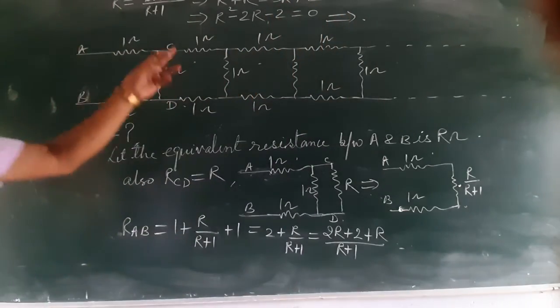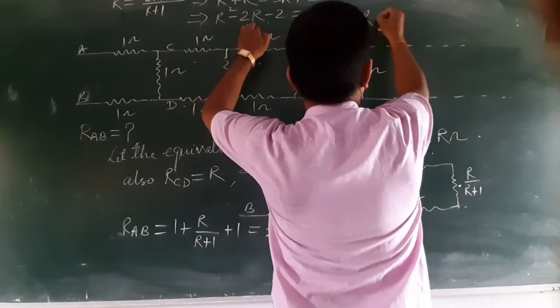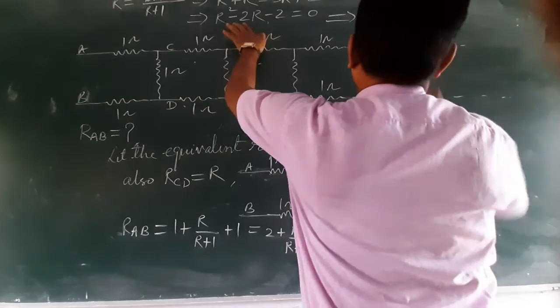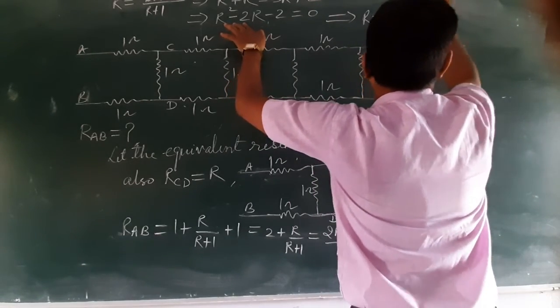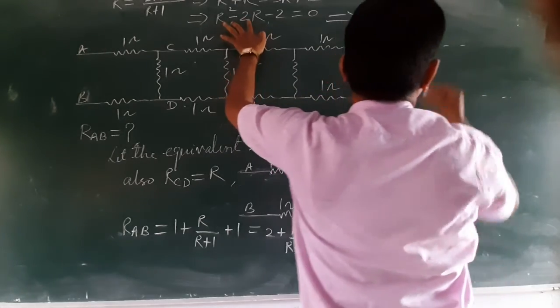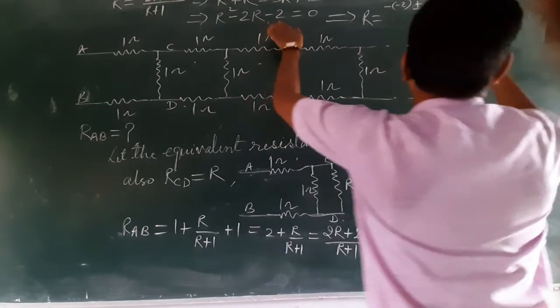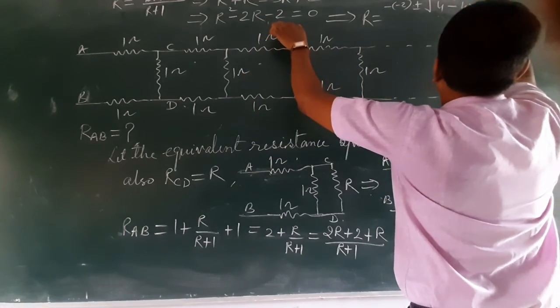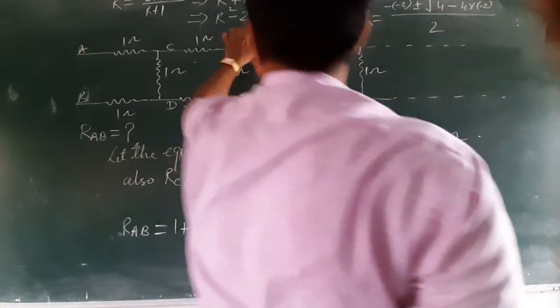So this can be solved using the Sridharacharya method, x is equal to minus b plus minus under root b square minus 4ac upon 2a. Minus 2 square will be 4, and 4 into minus 2, upon 2 into 1.